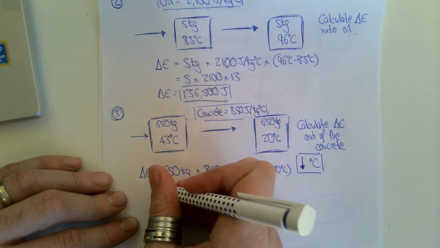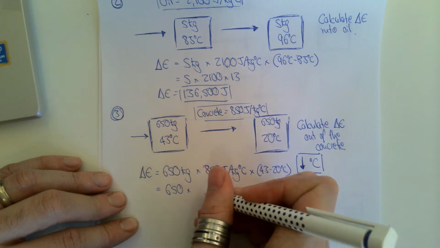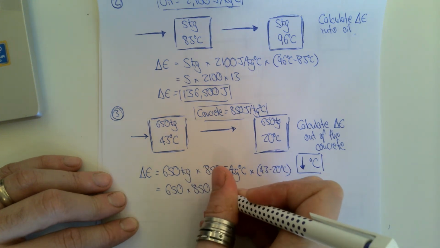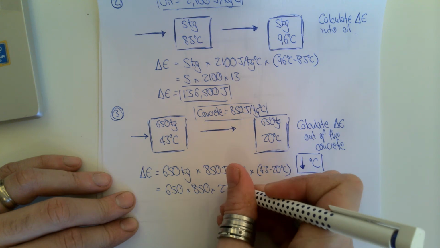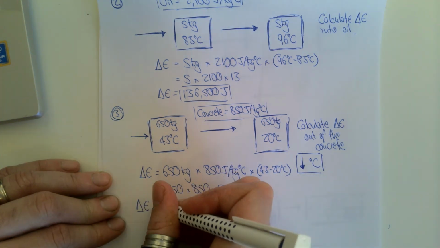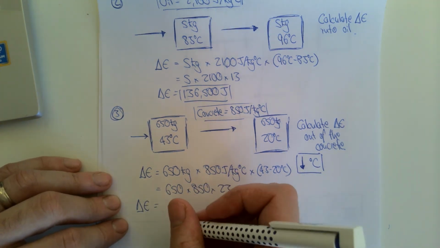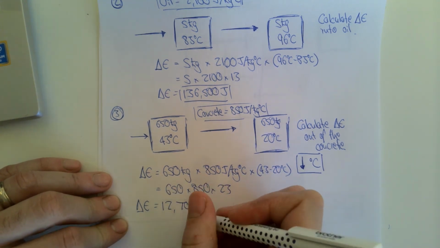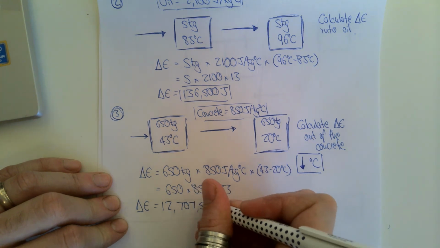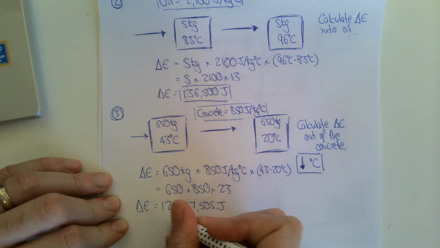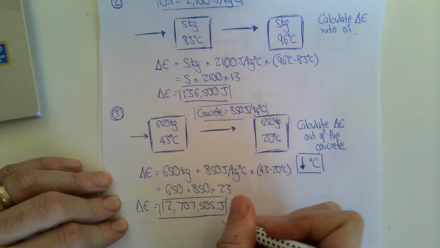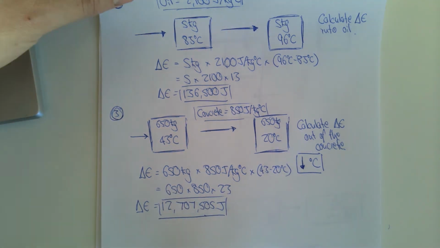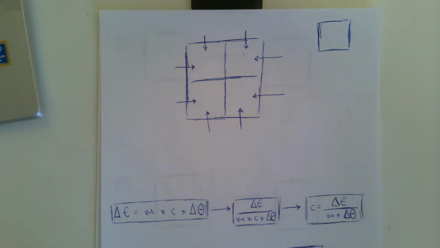So our energy transferred becomes 650 times 850 times 43 minus 20, times 23. So our energy transferred out of concrete becomes 12,707,505 joules. Brilliant. So we've got 3 worked examples there. So let's have a little look at some more where we can change and sort of manipulate the equation slightly.